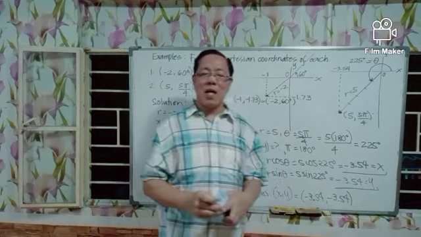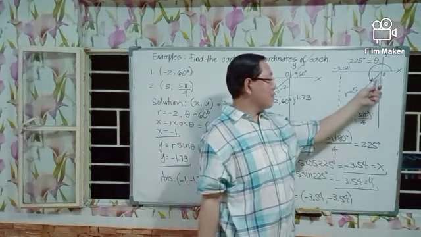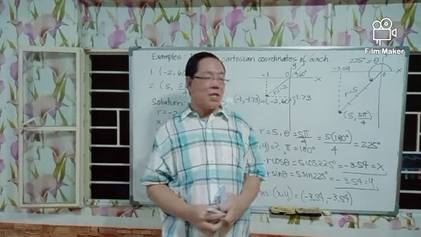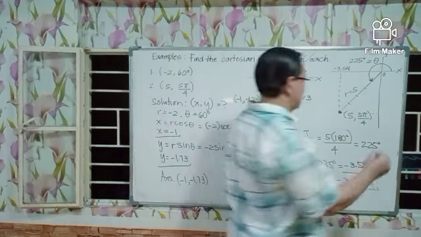Also, if you project this point to the vertical axis or the negative y-axis, you get the value of the ordinate of this point, y equals negative 3.54.